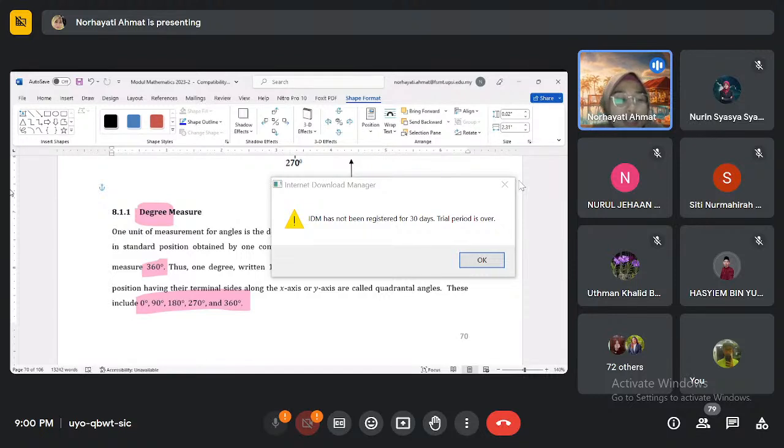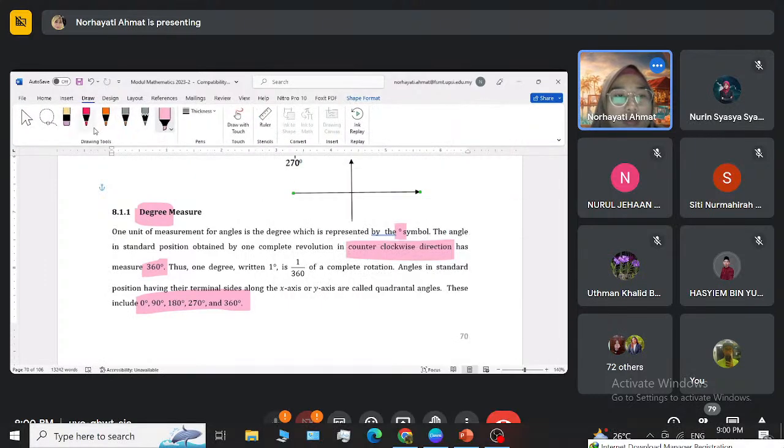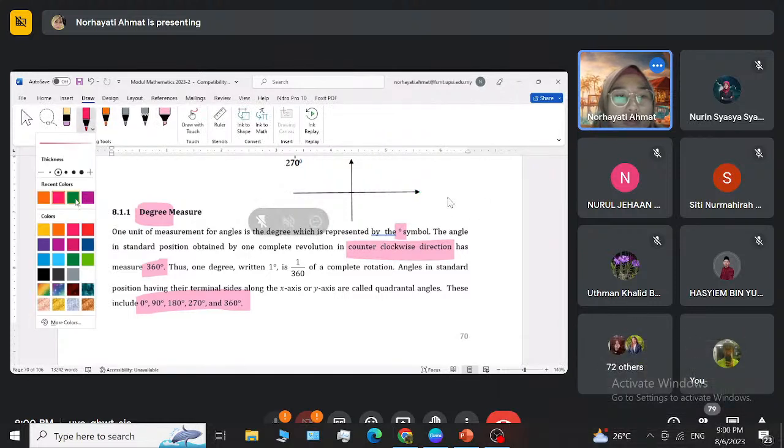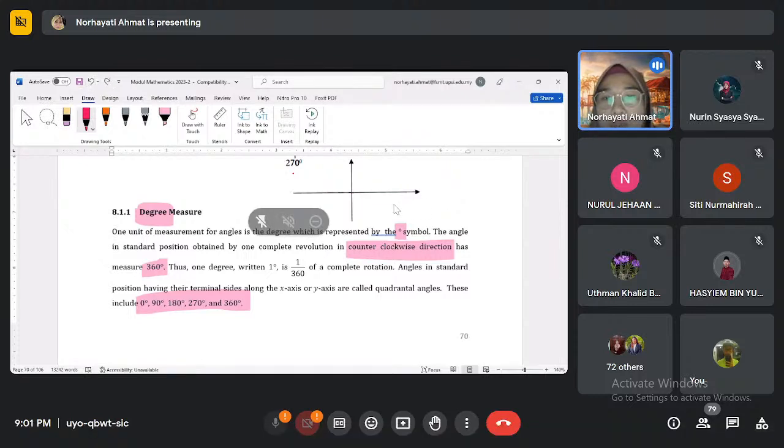So this is 0 degree. Okay, parallel to x-axis. Okay, we also have 90 degree, which is parallel to y-axis. Okay, so the angle is 90 degree.